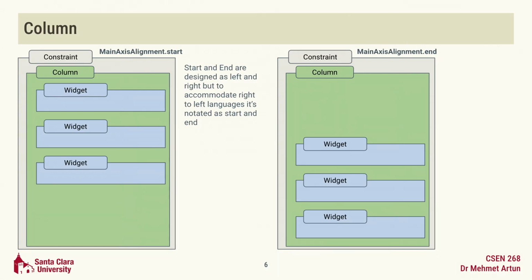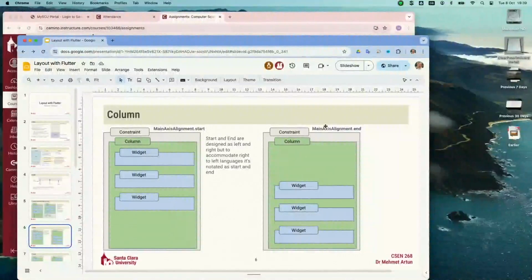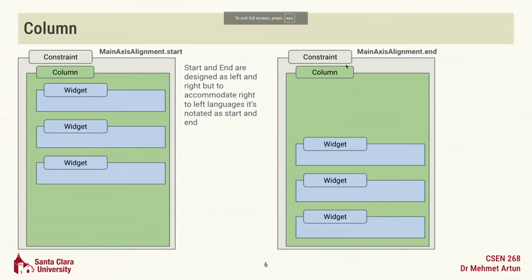So depending on your locale, start and end always mean this thing in Flutter. In this case, it's just in terms of this column box, but more importantly for text, it becomes important. What about vertical text? Like languages that go vertically? That I don't know. If you find out about it, tell us, please.